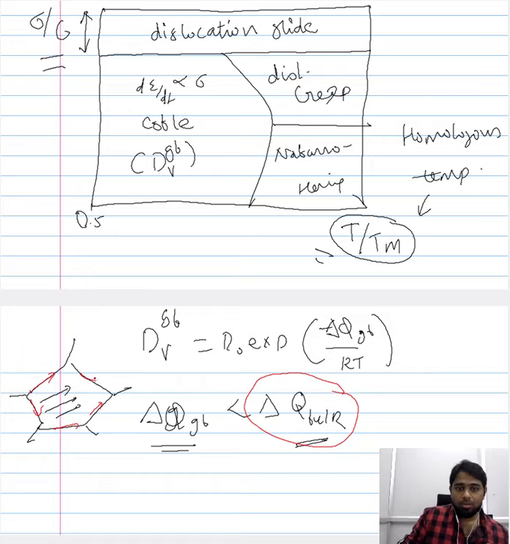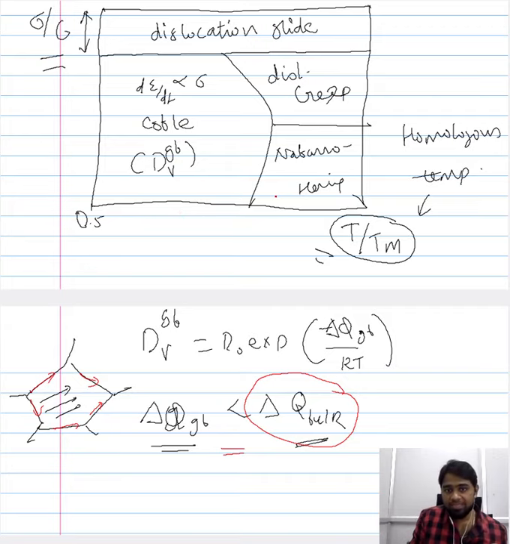Now, the mobility of these vacancies is governed by the activation energy. The activation energy along the grain boundaries is relatively low, and that is the reason why even when the temperature is low, there is a significant amount of vacancy diffusion along the grain boundaries, and that is the reason why you have the Coble creep mechanism at low temperature.